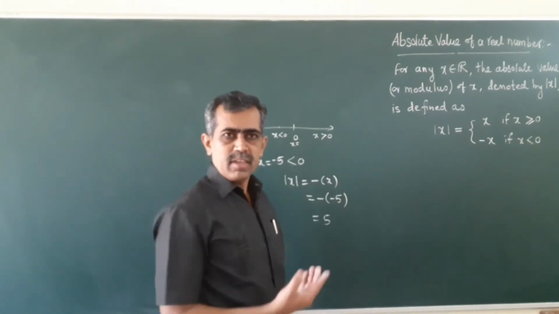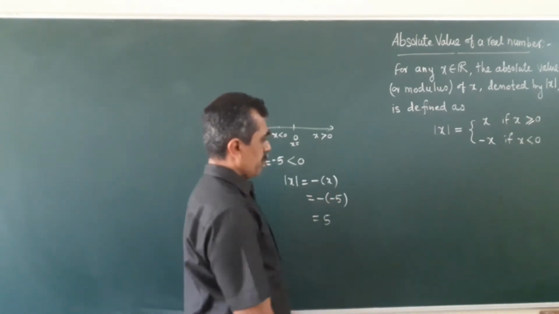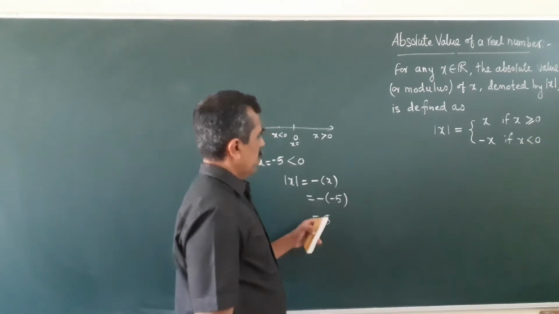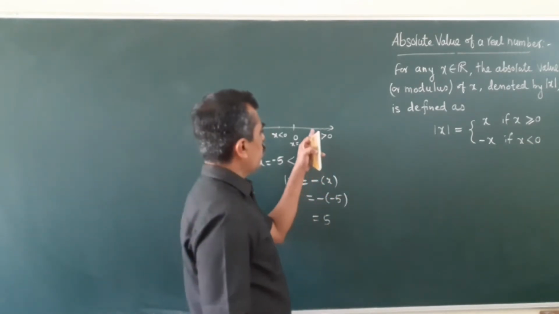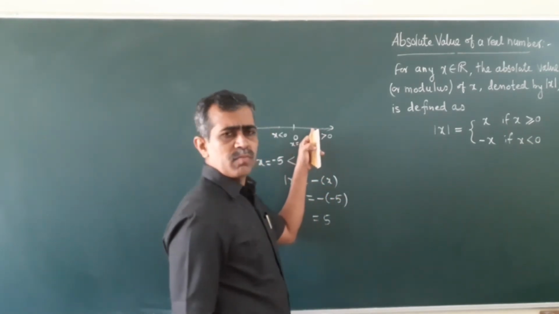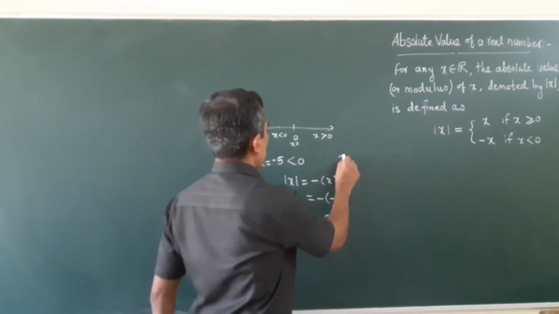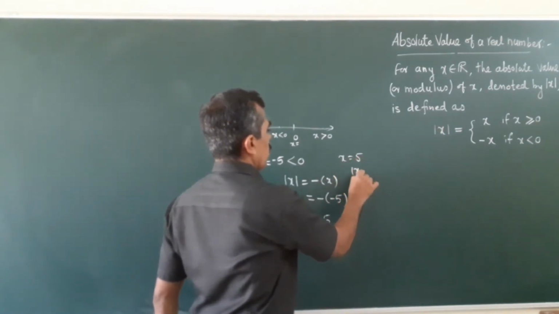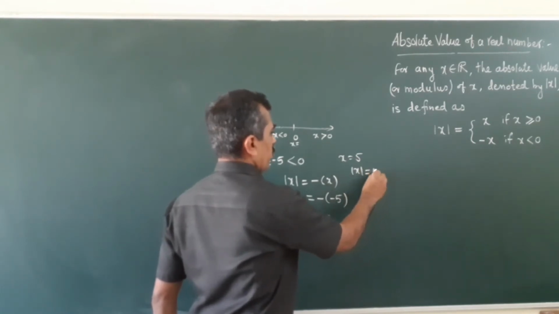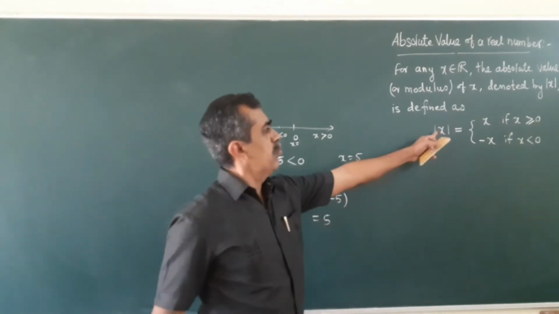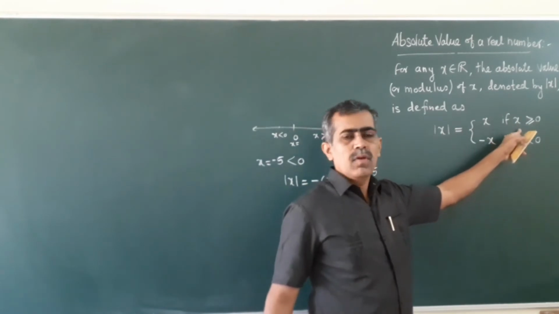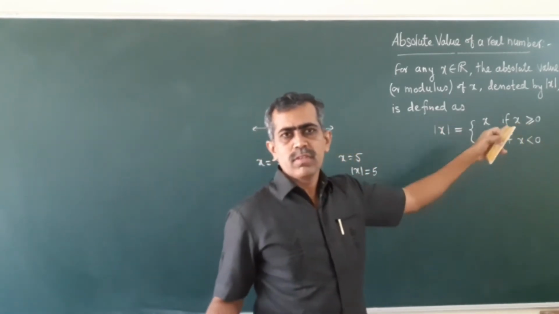So, whenever x is negative, mod of x is minus of x, and if x is positive, if x is 5, mod of 5 is 5 itself, and when x is 0, mod of 0 is 0 itself.